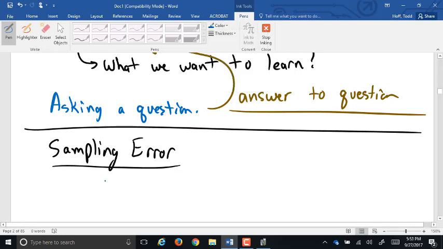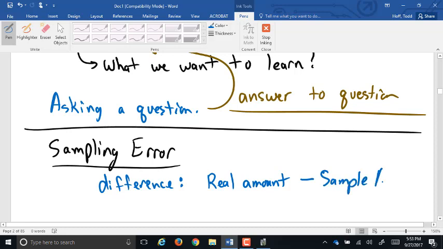What that is, is the difference between the real amount and the sample amount. So let's say our sample came up with 62% supported option A. In reality, 57% of the whole population actually support it.